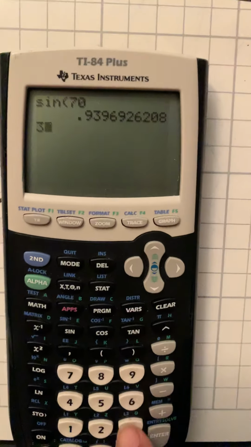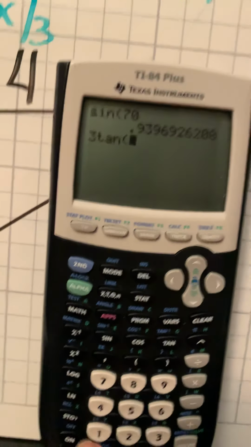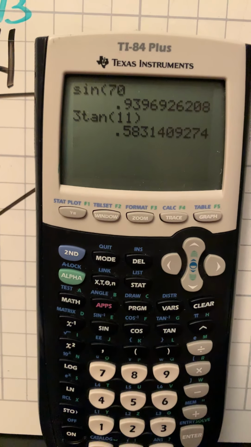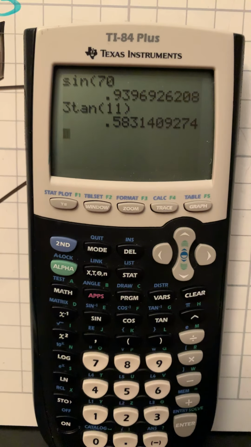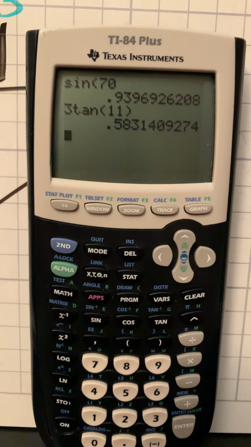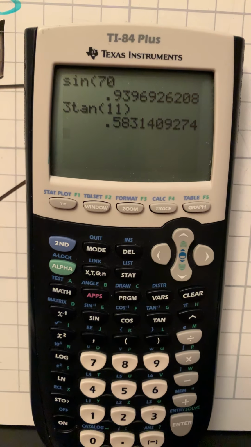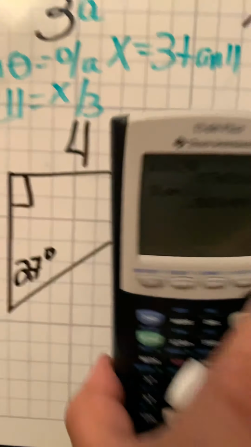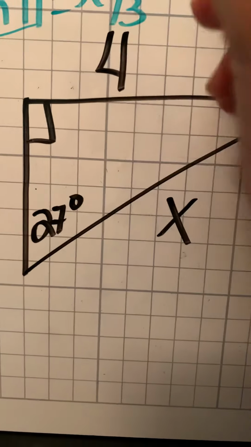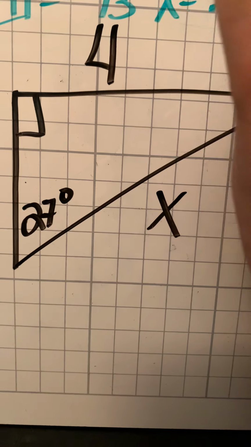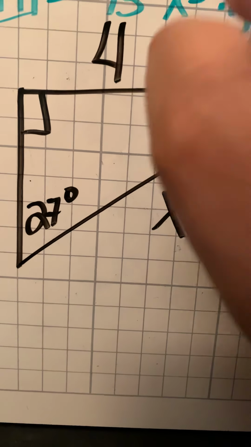So we need to do 3 tan 11. Close the parentheses, hit enter. So that means that that side is going to be 0.58. So x equals, which is a very small side, it's only half of a side, x equals 0.58.